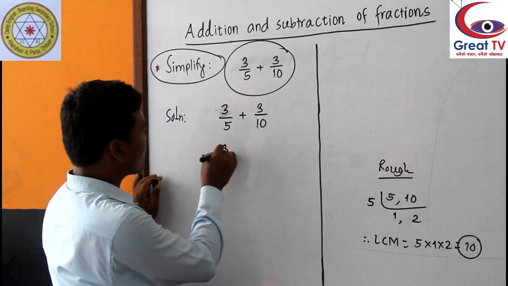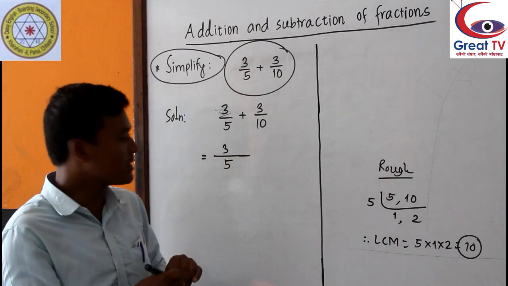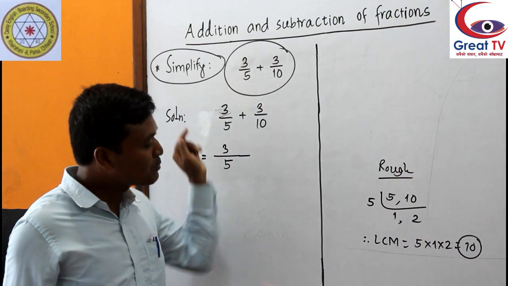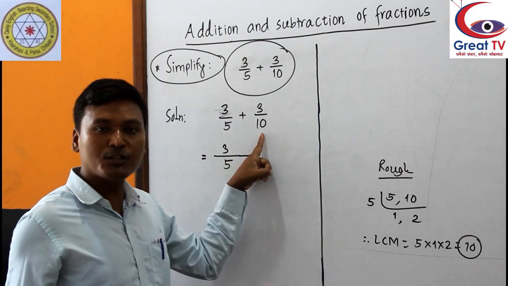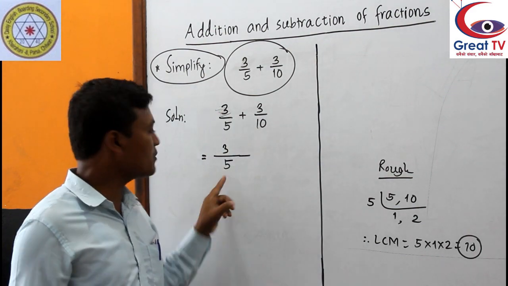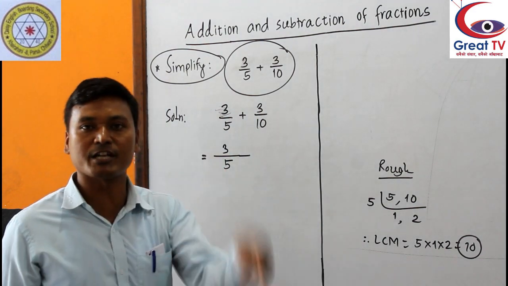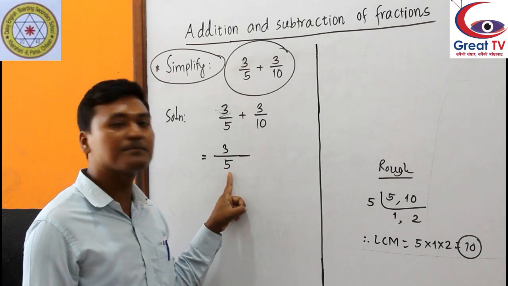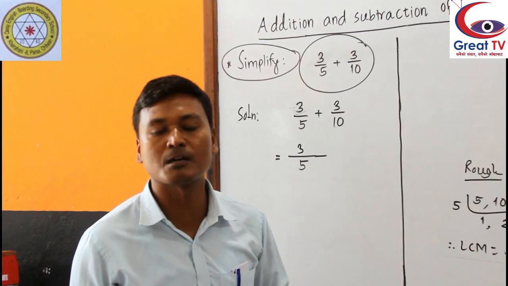So the first fraction 3 by 5. What is the denominator over here? 5. We have to make the first denominator also equal to 10, second denominator also equal to 10. So here we have the denominator 5. So we have to make this denominator equal to 10. So you can guess, 5 times how much gives the product 10?